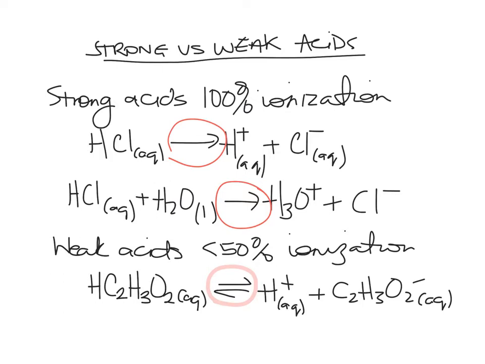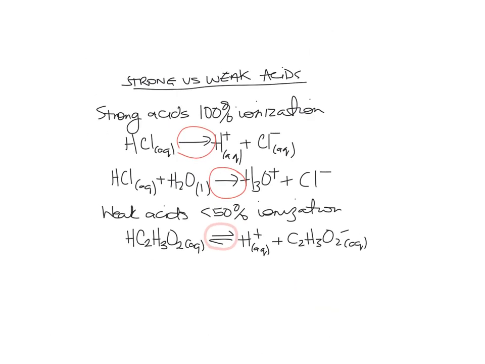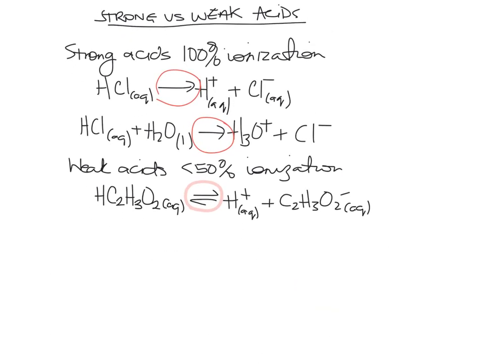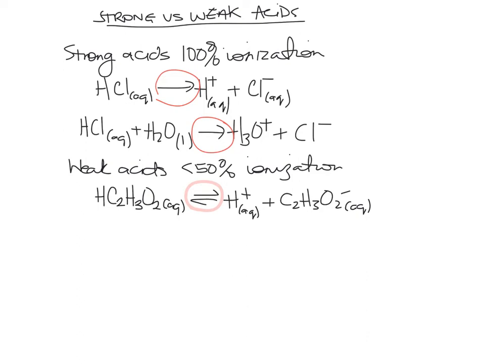Carboxylic acids are all weak acids. These are our organic acids that we've been studying. And they all have the functional group C double bond O, OH, and there's some number of carbons or hydrogens.